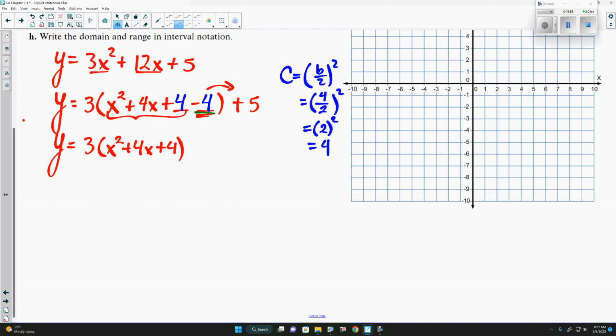If I move it outside the parentheses, it has to be multiplied with the 3, because everything inside that parentheses is being multiplied by this 3 if we distribute it back out. We're saying 3 times this whole thing. So if I move the negative 4 out, it's not just negative 4, it's negative 4 times 3. And negative 4 times 3 is negative 12.